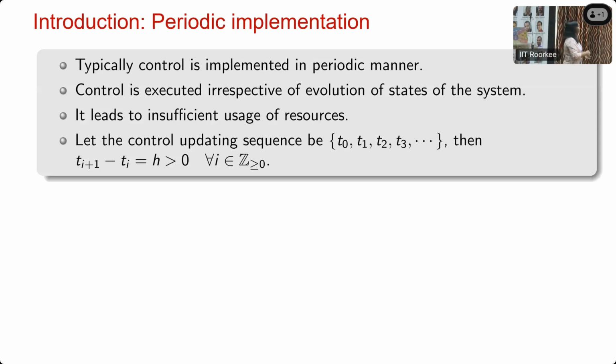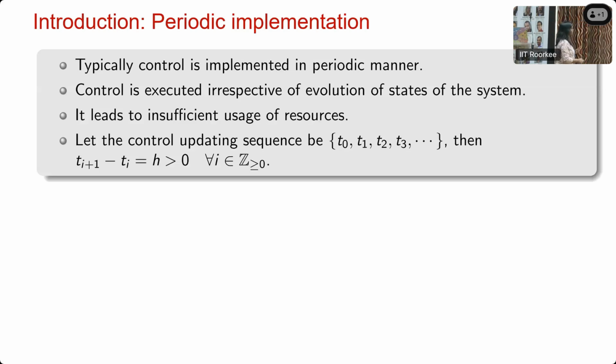This can lead to efficient usage of the communication channel and of the resources in terms of control computation. Of course, in the periodic implementation, the difference between two consecutive triggering instants, which we can call control updating instants, is constant, which is the sampling period.